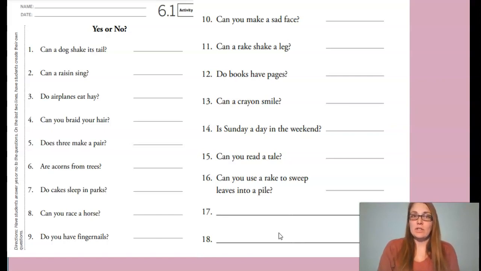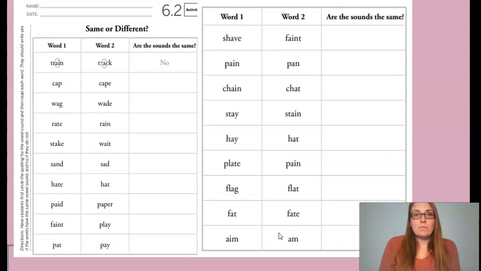So all of the questions are going to practice the letter sounds and spellings that we've been working on so far. So simply read the question, answer it with a yes or no. For 17 and 18, there's a space for you to ask and write down your own question. So that was 6.1.